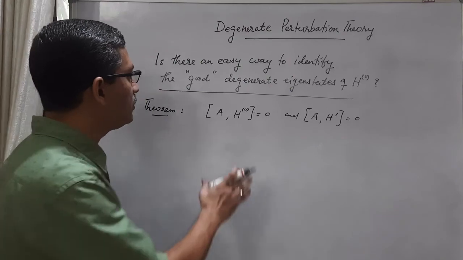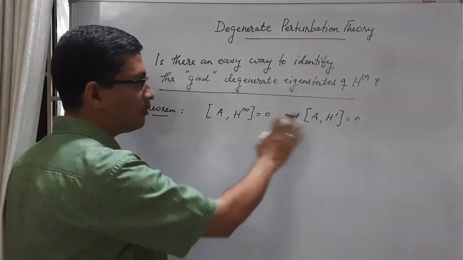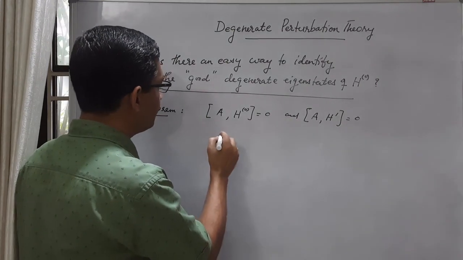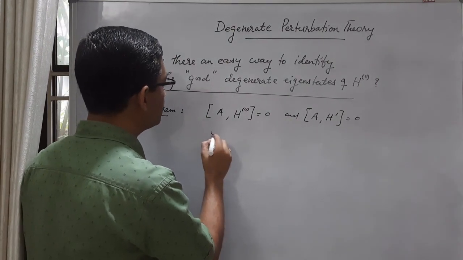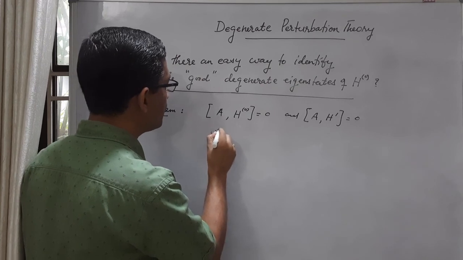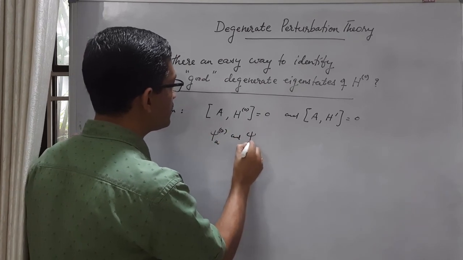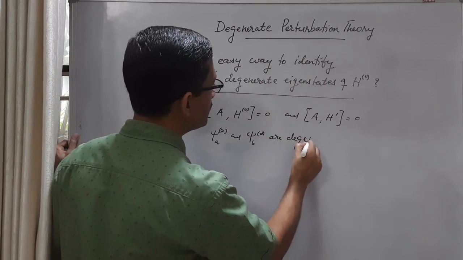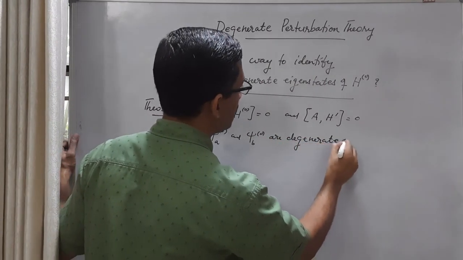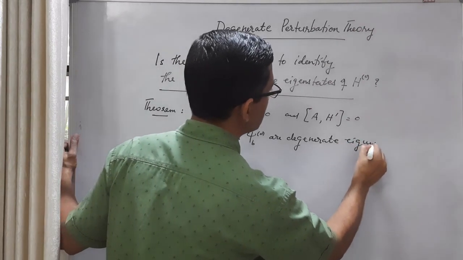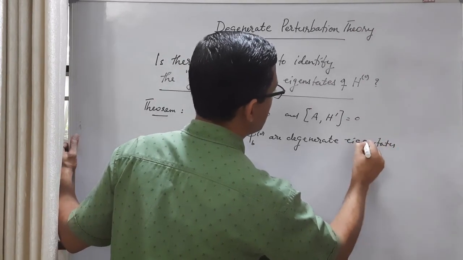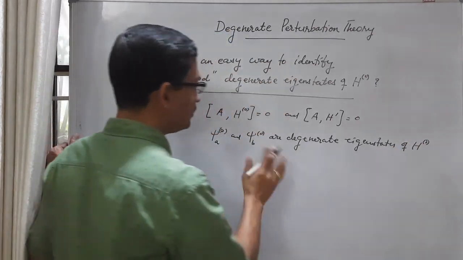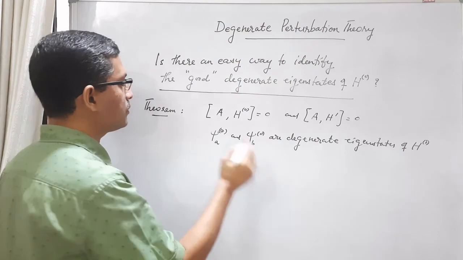So A is commuting with both H0 and H prime, and next suppose psi A0, let us use our earlier notation, psi A0 and psi B0 are twofold degenerate eigenstates of H0.